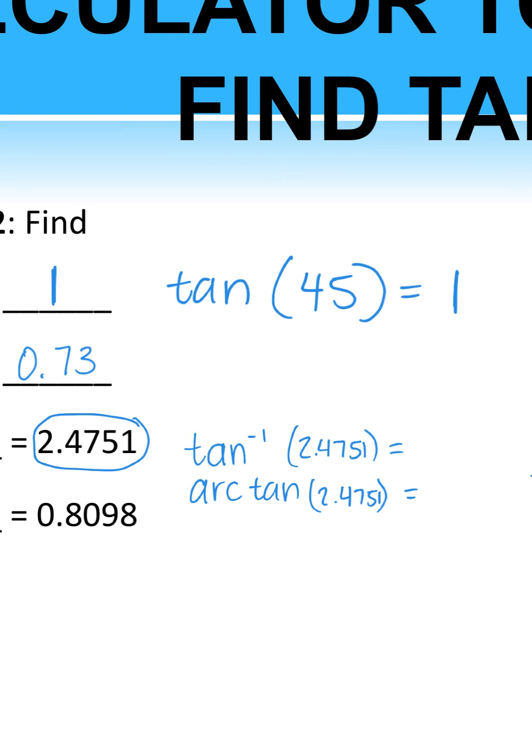So we're doing the tan inverse or arctan. So it should be this button with the -1. Do you guys see that? And then we're plugging in 2.4751. And we press equals. So the tan inverse of that value is 68 degrees.